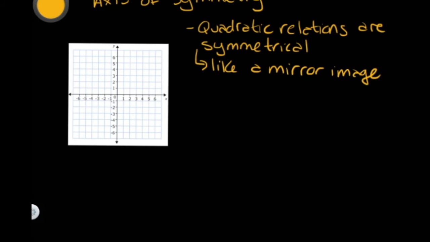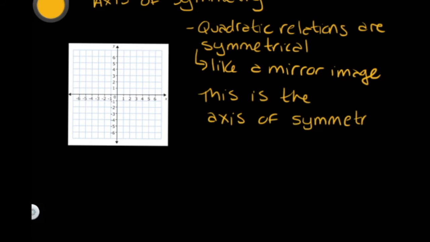And we call that center or that mirror image part the axis of symmetry. So the axis of symmetry is going to pass right through the vertex.